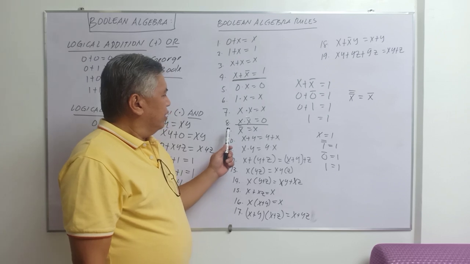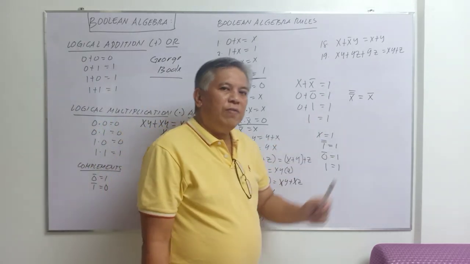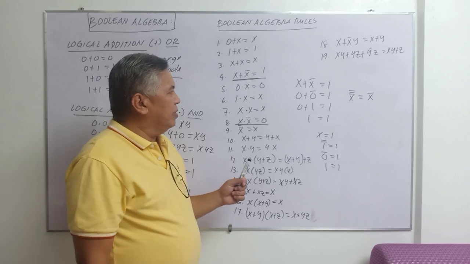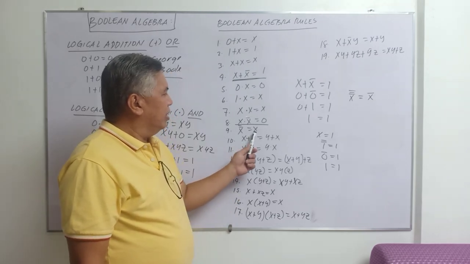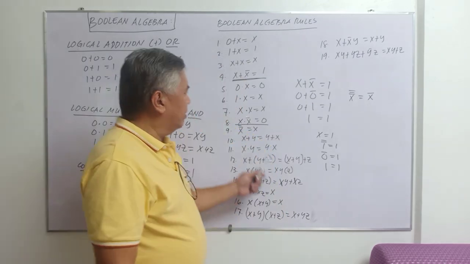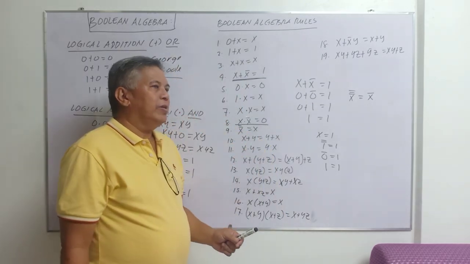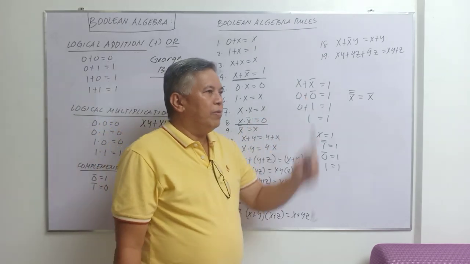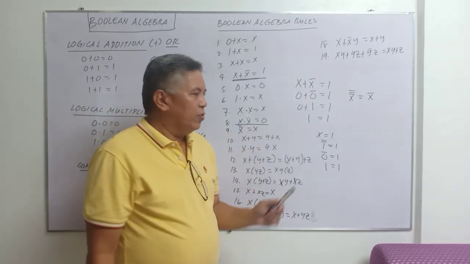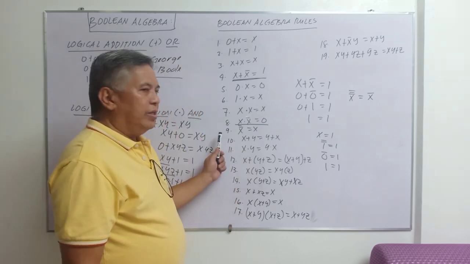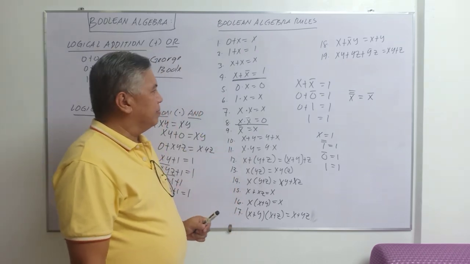If your complements here are an even number of complements, then the result is the non-complemented variable. Or in this case, for example, x. So x, then you have 4 complements that will be equivalent to x. That is rule number 9.